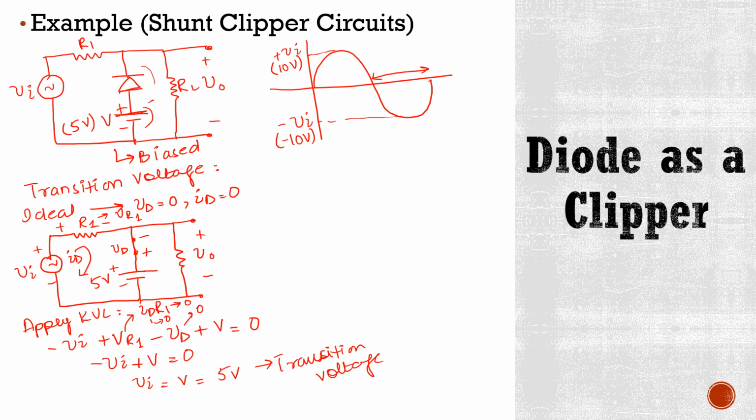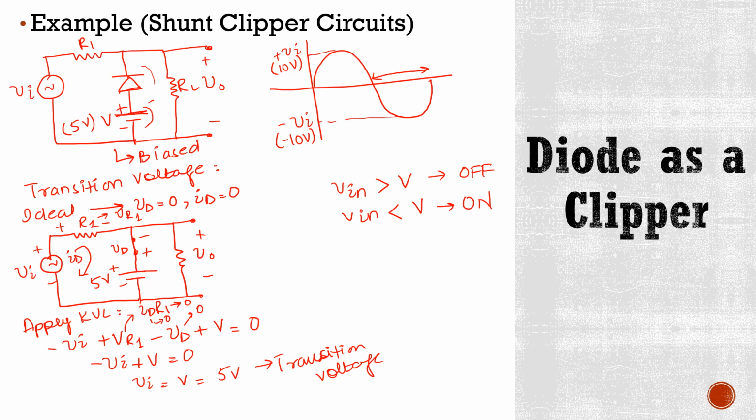So the diode will be off only when the input voltage is greater than the transition voltage, and if the input voltage is less than the transition voltage, then the diode will be on, because this DC supply will be pressurizing the diode to stay in the short circuit state.